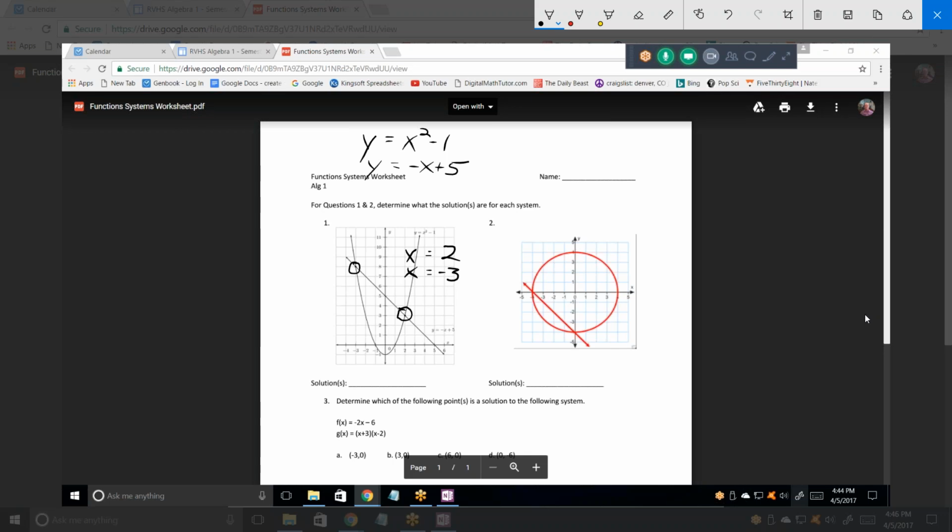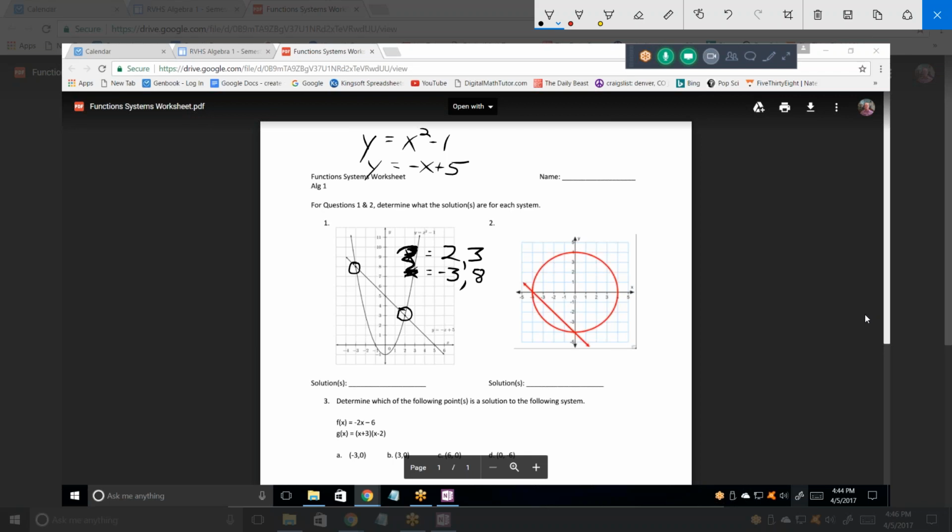And they didn't really ask for a y value, but if they want it, the coordinates are (2, 3) and (minus 3, 8). You see where I'm getting the y value? Yeah. Okay. In other words, if they want both points.